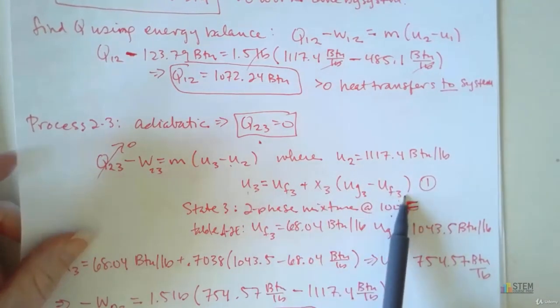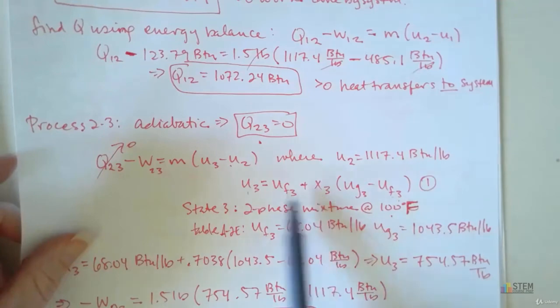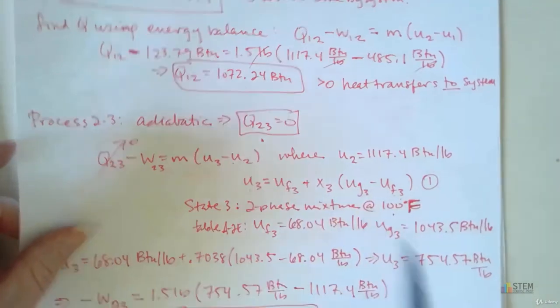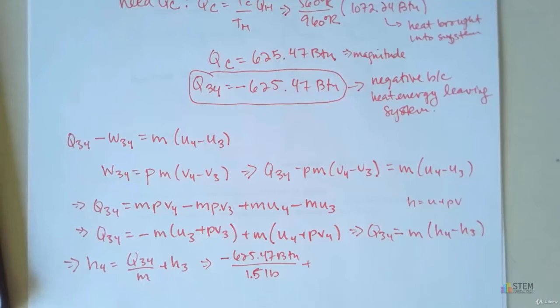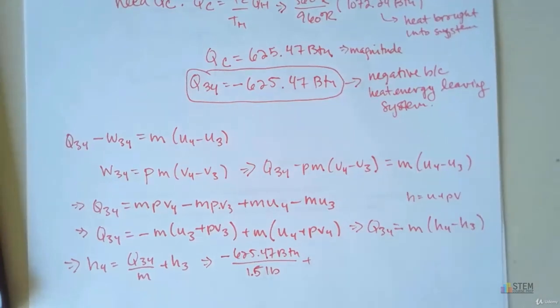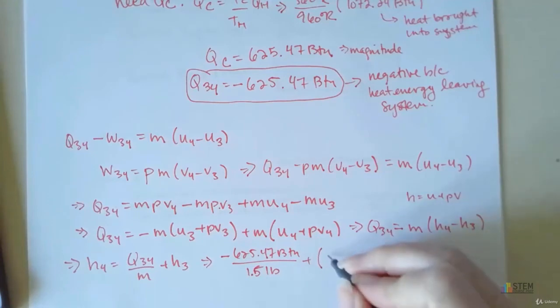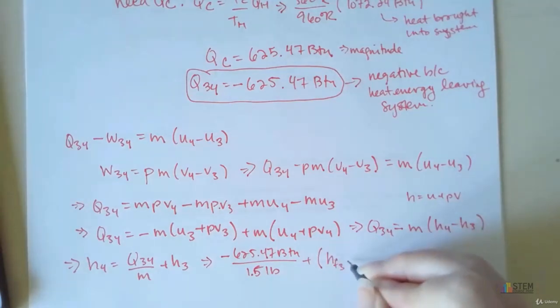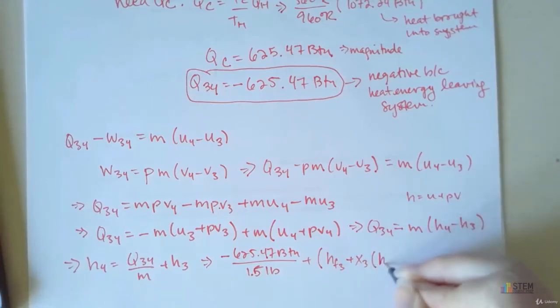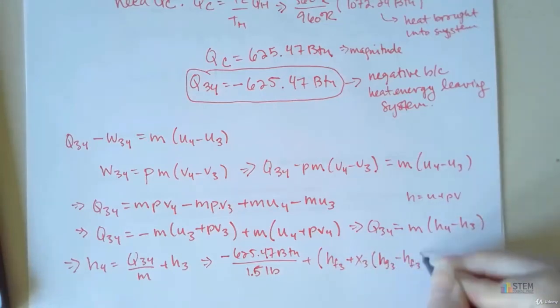Remember there's a similar equation for H3. So you're going to use that. So you can take your quality and then use that similar equation to find H3. So we'll just write it in here. So it's HF3 plus X3 times HG3 minus HF3, like that.